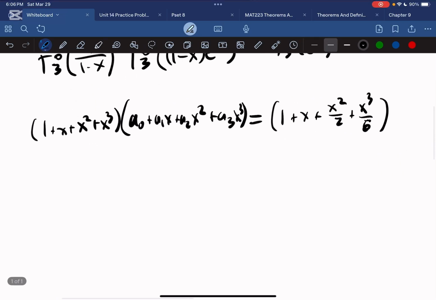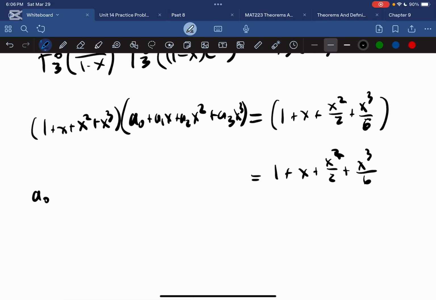All right, now let's expand it out. So this side remains the same. And we have a0 plus a1x plus a2x squared plus a3x cubed plus a0x plus a1x squared.